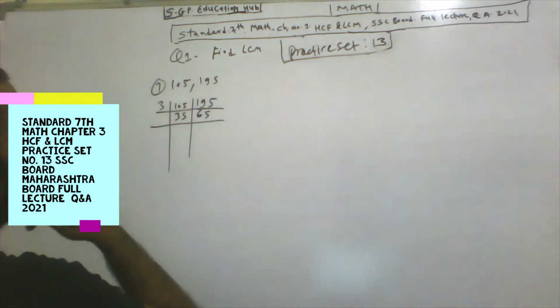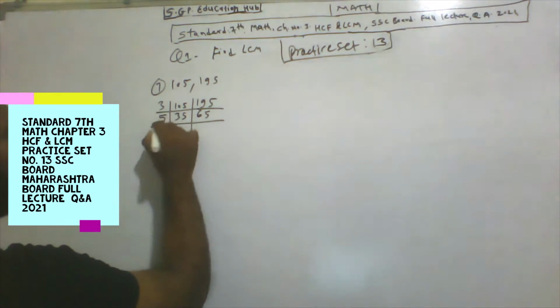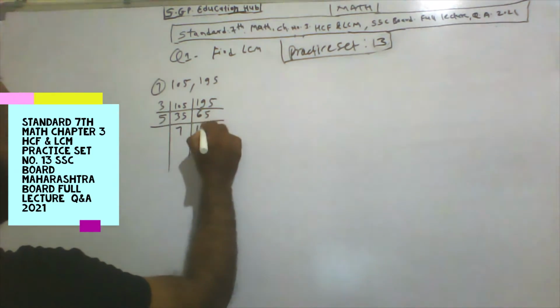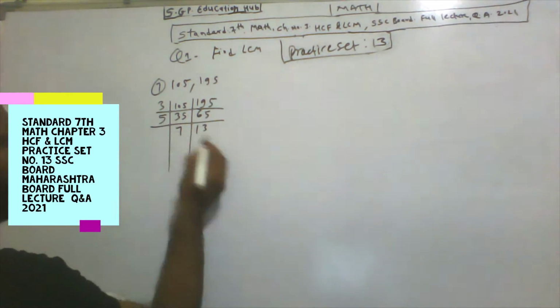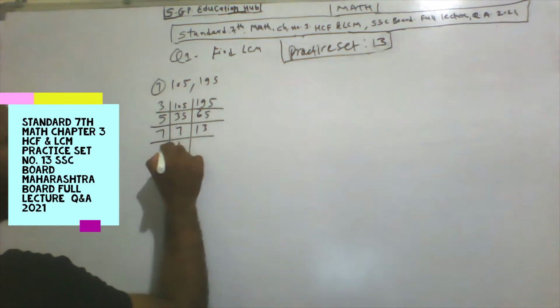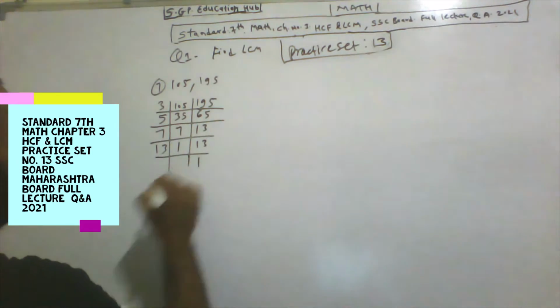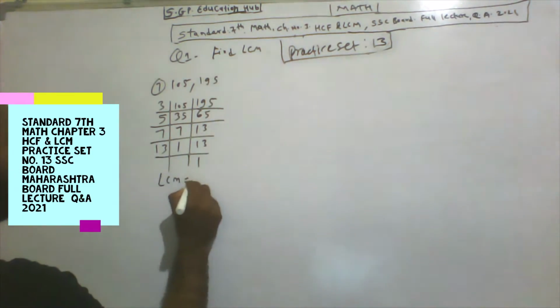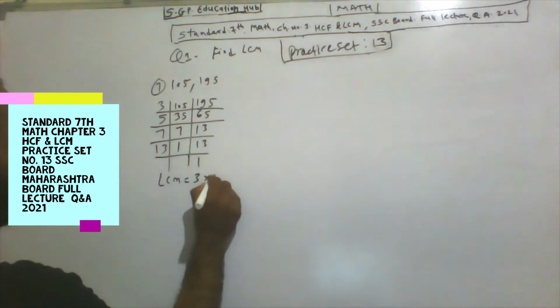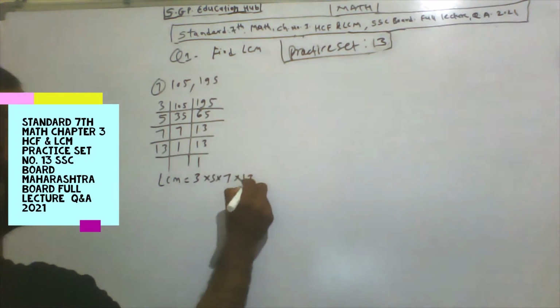Okay, can be divided by 5, 5 sevens are 35, 5 ones are 5, 5 threes are 15. Now cannot be divided, so 7 ones are 7 and 13 ones are 13. So LCM is 3 one time, 5 one time, 7 one time and 13 one time.